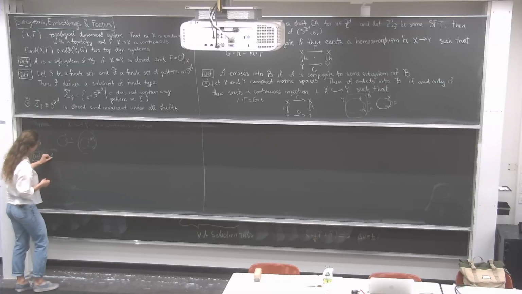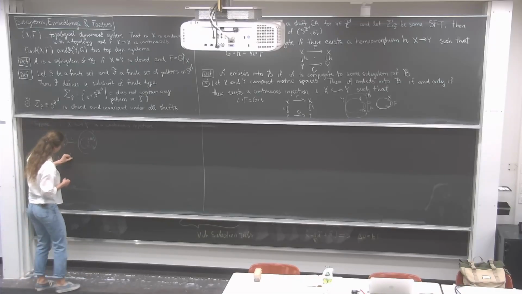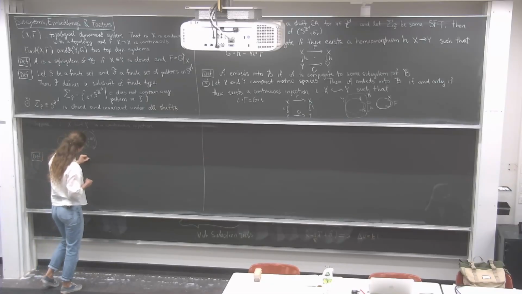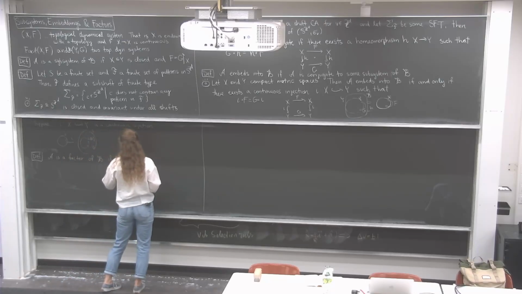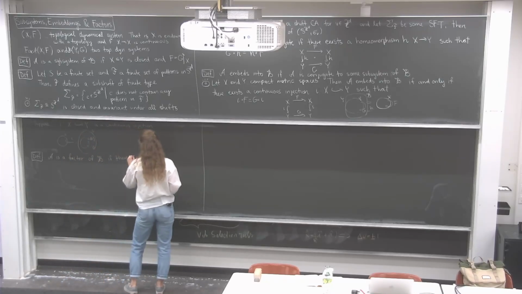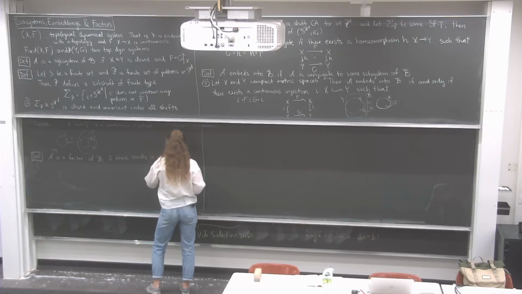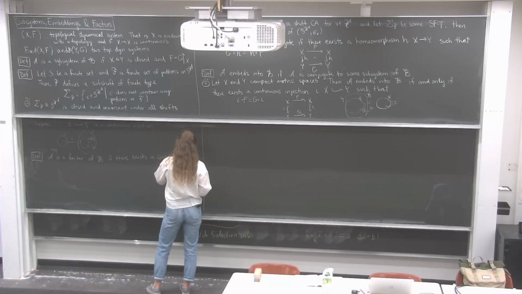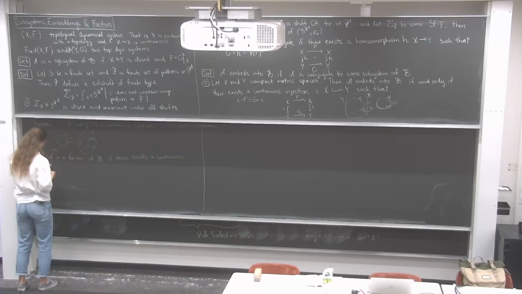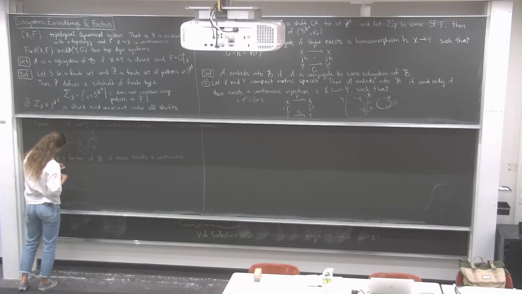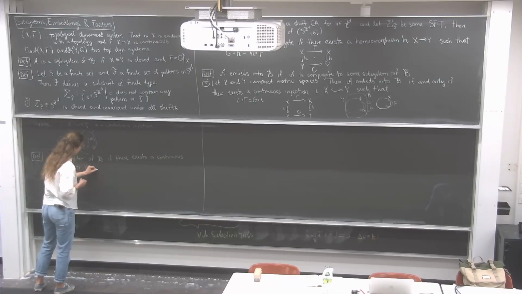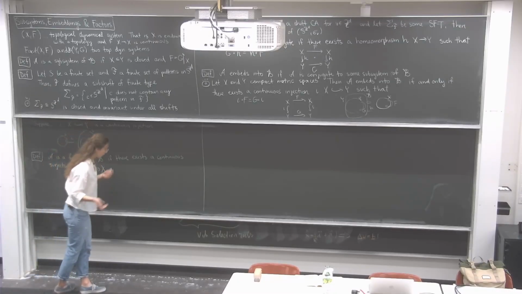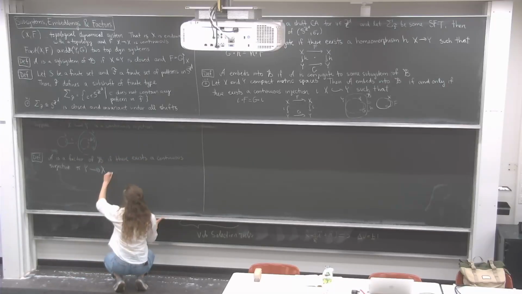So we say that A is a factor of B if there exists a continuous surjection P from Y onto X, such that we also have a commuting diagram.